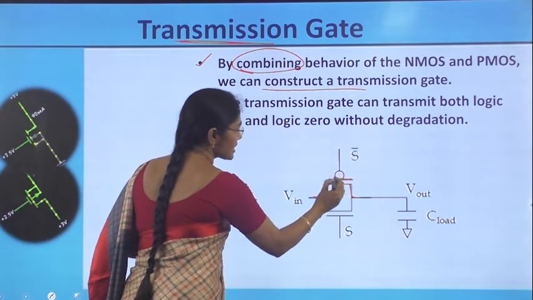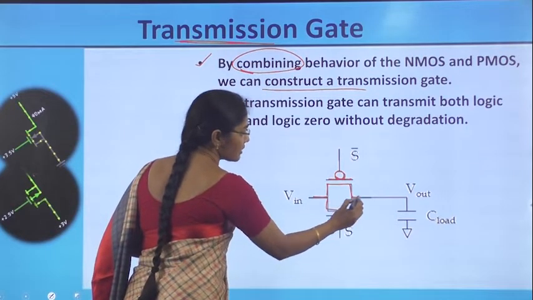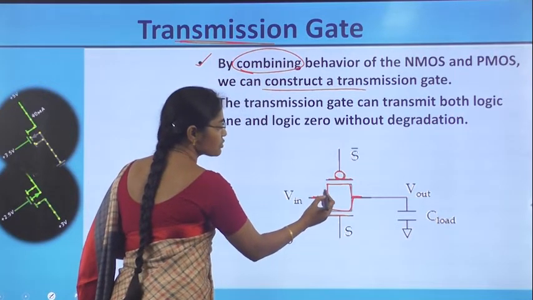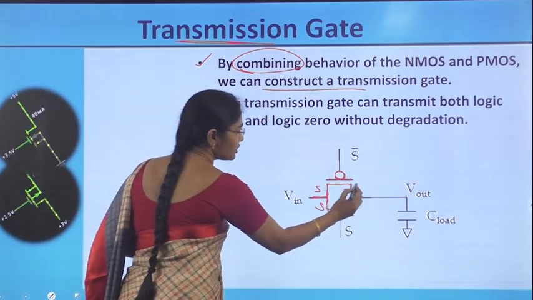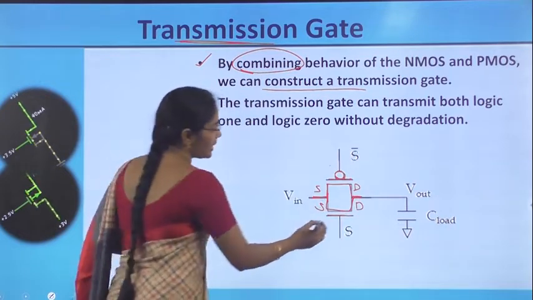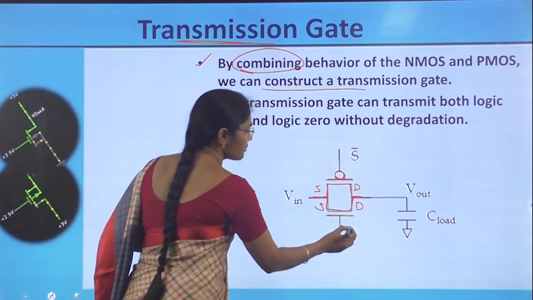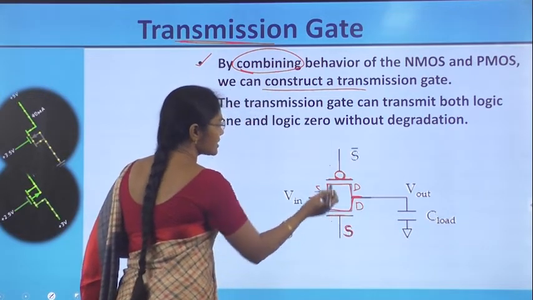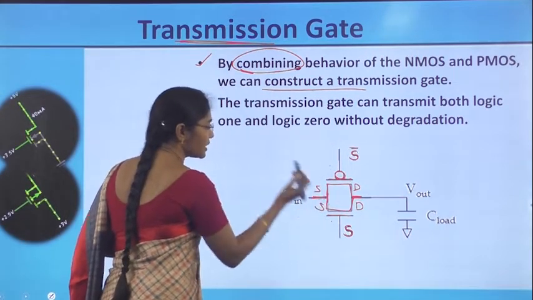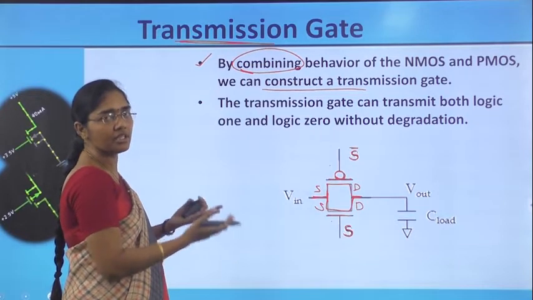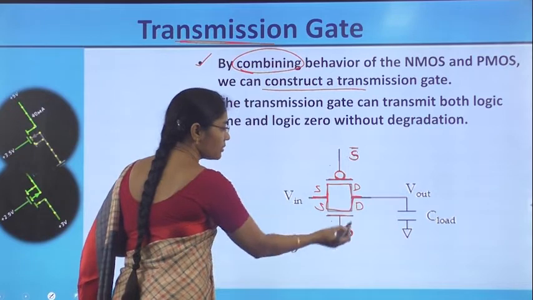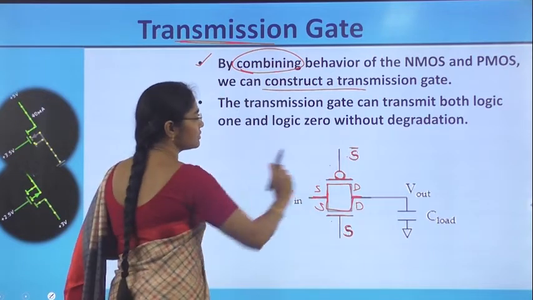This is the pmos transistor and this is the nmos transistor. Both are connected in parallel, means both sources are connected and both drains are connected, and at the gate terminals control signals are applied. At the gate of the nmos the control signal S will be connected, and at the pmos it has to be connected as S bar, because these two are complementary signals and complementary transistors. To make these two conduct simultaneously, complementary signals need to be applied at both gates.